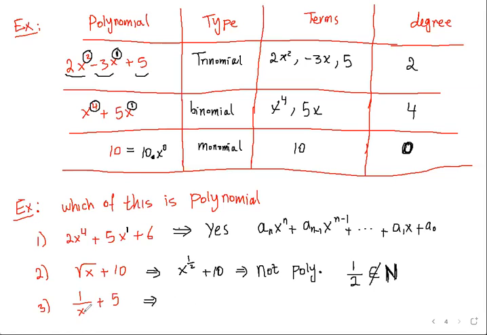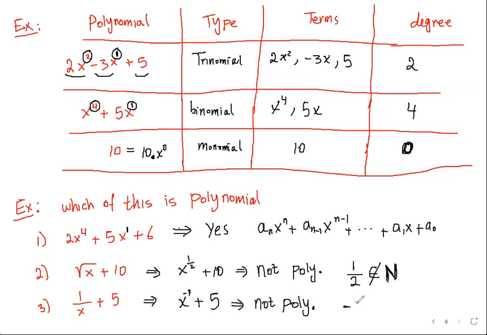I can move the x from the denominator to the numerator. How? What is that equal to? x to the power negative 1. Exactly. So this is equal to x to the power minus 1 plus 5. And this is not a polynomial. Why? Because the minus 1 is not a natural number. Make sense?